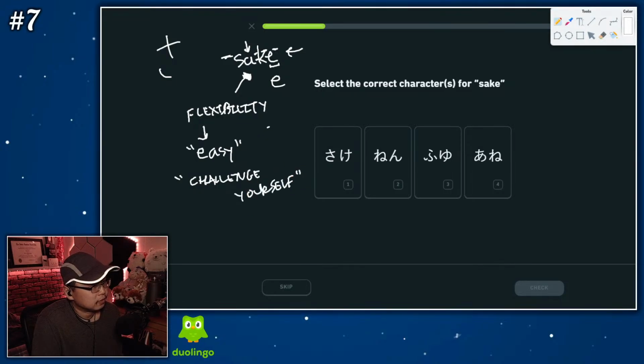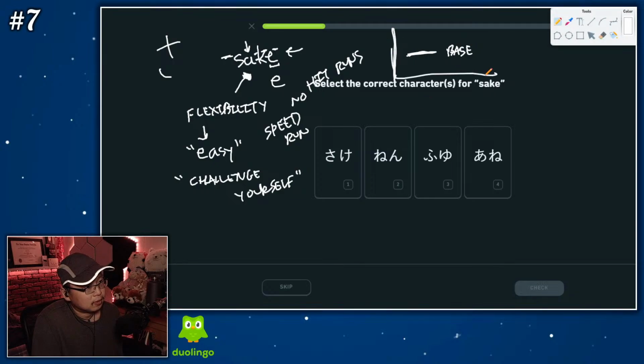It's kind of like speedrunning and no-hit runs. The baseline game is here on a scale, but in Kana, the baseline is more up here. But the range extends beyond that, in my opinion.